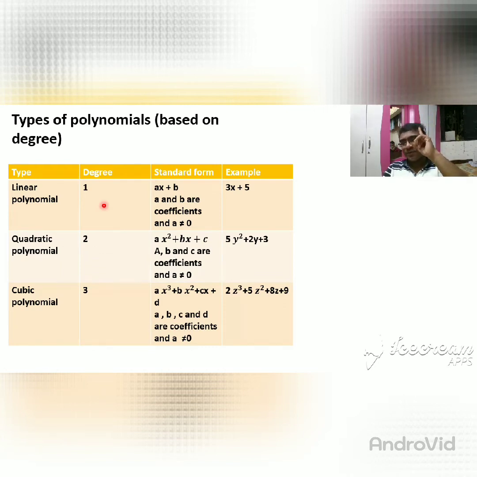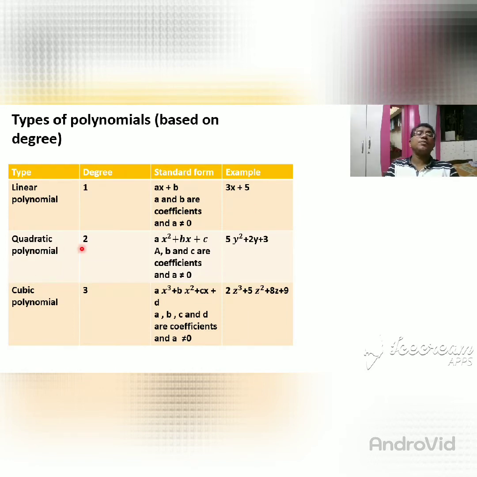The standard form is ax plus b, and this coefficient a is never 0. Another example, 3x plus 5. See, in 3x, x has index one, and 5 has 0. So this is a linear polynomial, 3x plus 5.